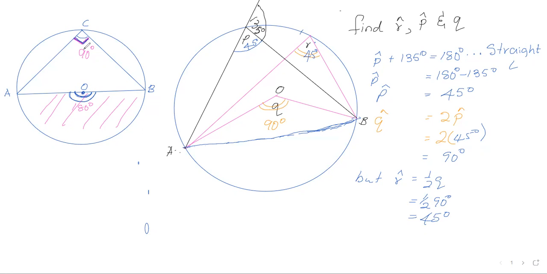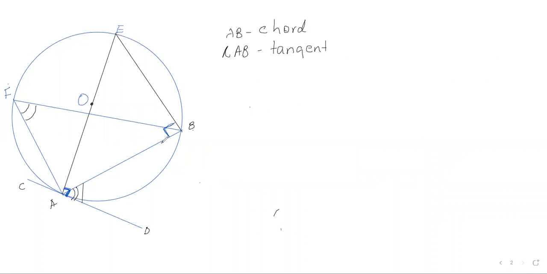If the one at the center is 180, this one is 90 degrees. Two things that we have seen: we have realized 90 there, and another 90 here. Now, you also can see that AB is a chord and it subtends F and E. So F and E are equal on the same chord there.